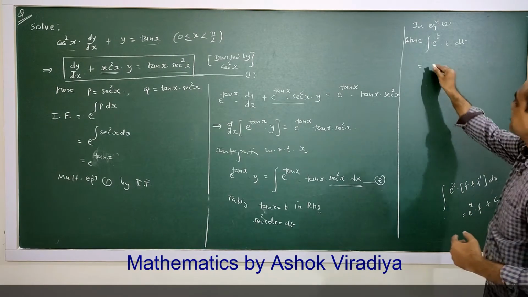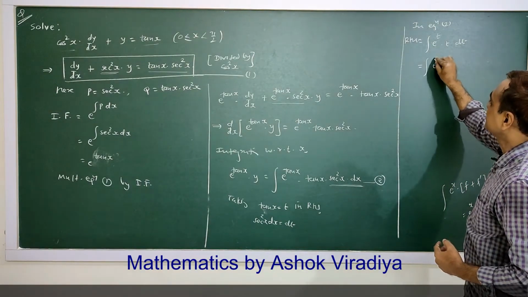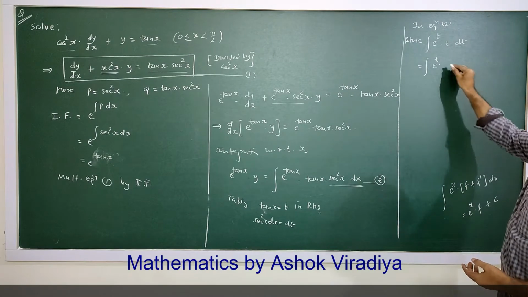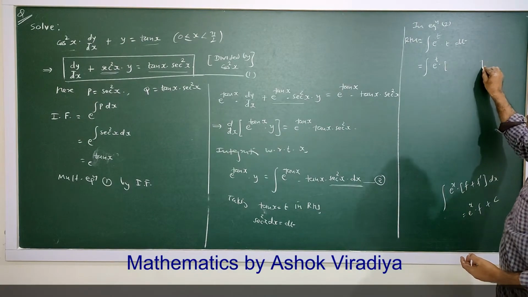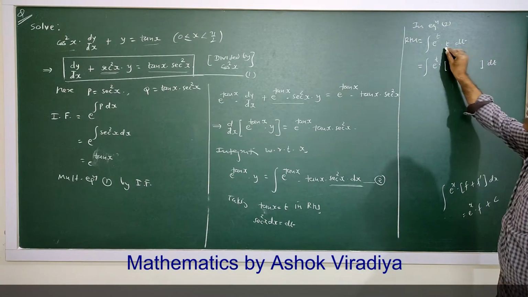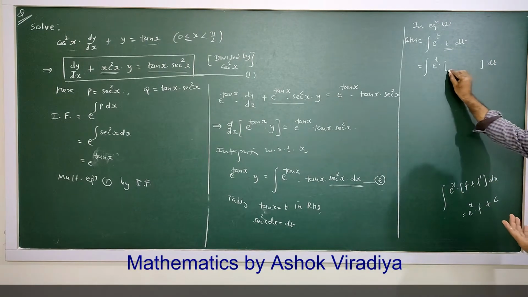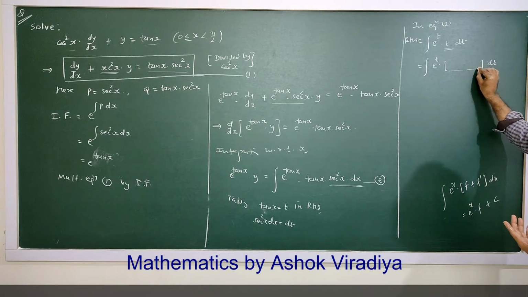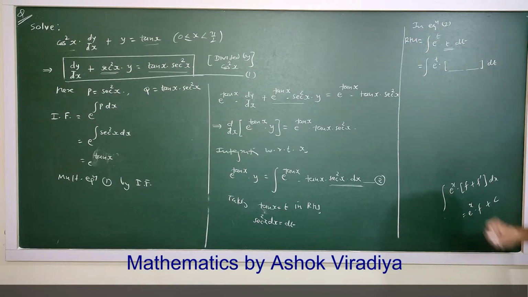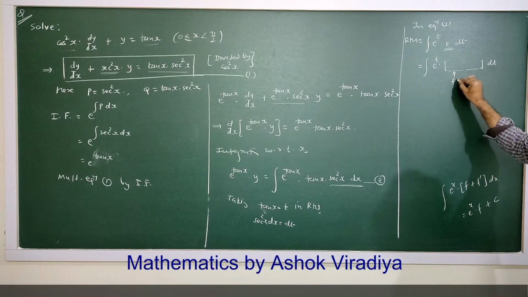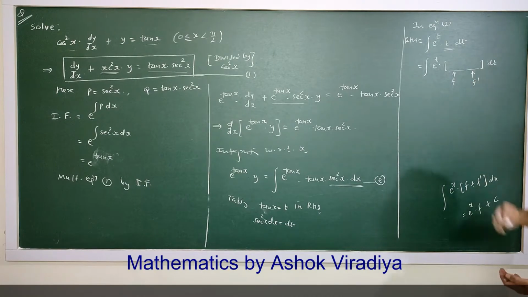So here e raised to t. Now I am splitting this t in such a way that one part becomes f and the other part becomes f dash. Here I want f and here I want f dash.